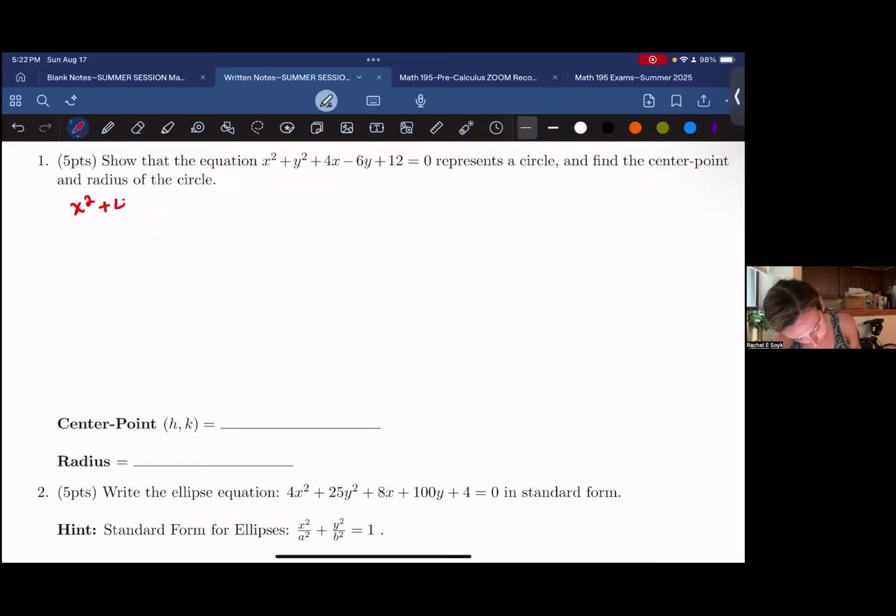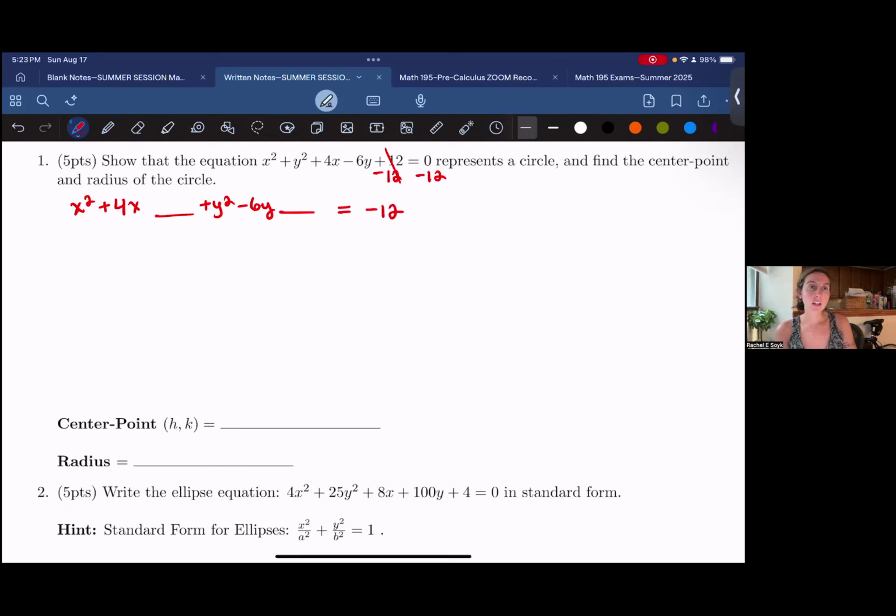So we have our x squared plus 4x, and then leave some little space. And then we have plus y squared minus 6y, leave a little bit of space. And then I'm also going to move that 12 over to the right-hand side by just subtracting 12 on both sides.